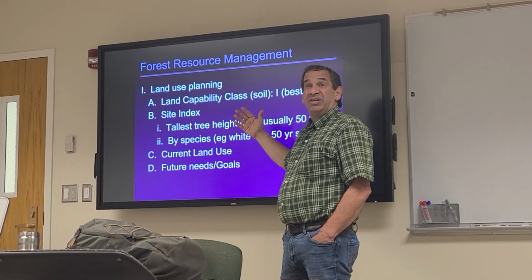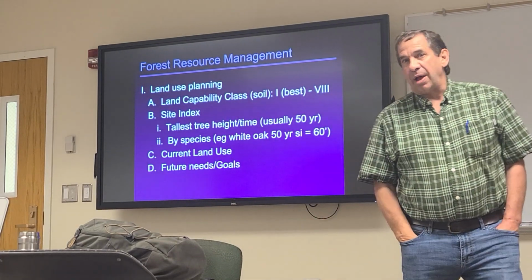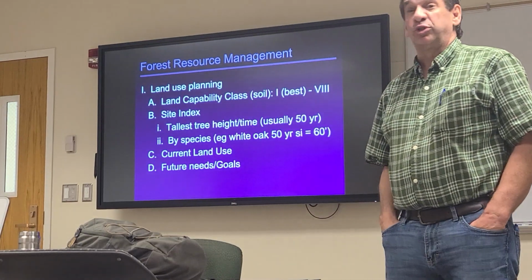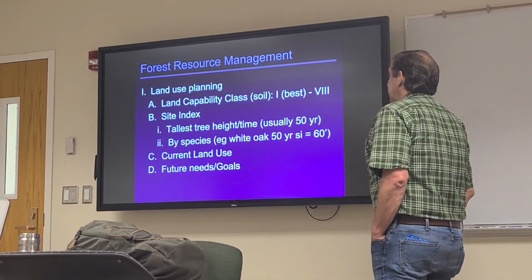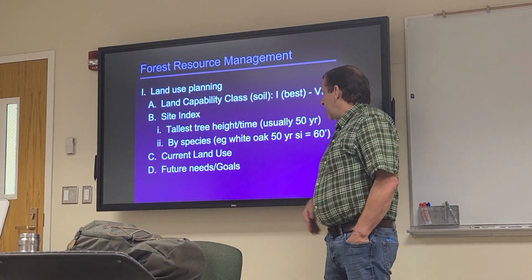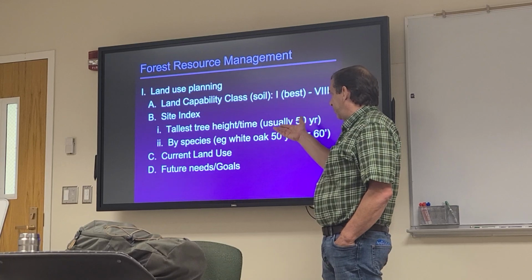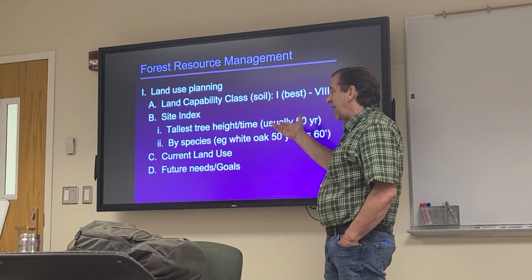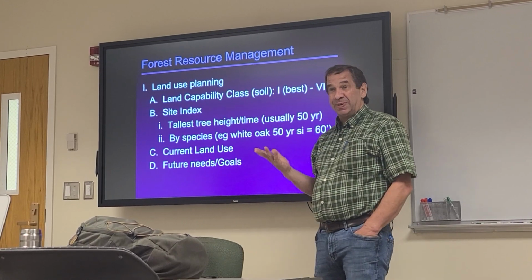Site index is used in forestry, okay? It's not about the productive potential so much for crops as it is the productive potential for trees, how fast trees can grow. What site index refers to is, on average, what's the height of a species of tree per time? Usually we'll say for 50 years, and we do it by species.